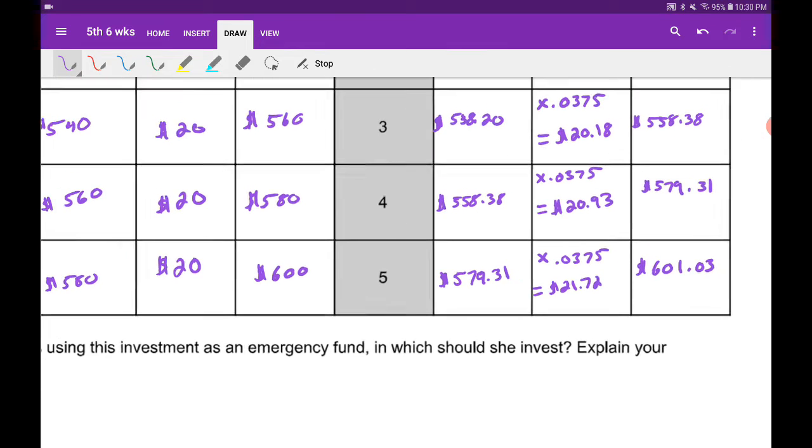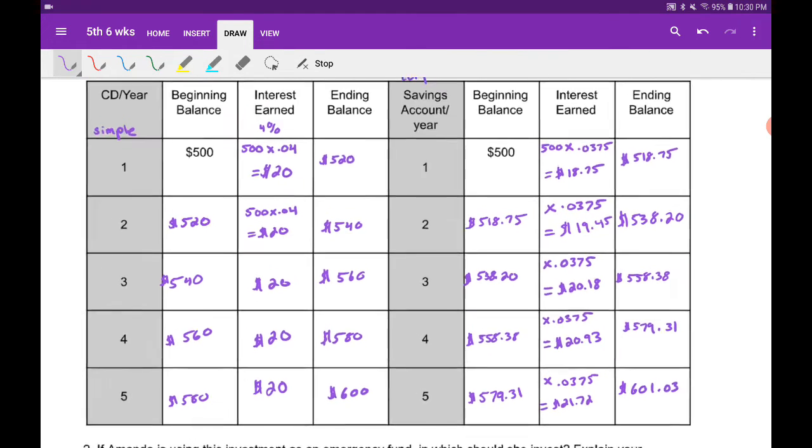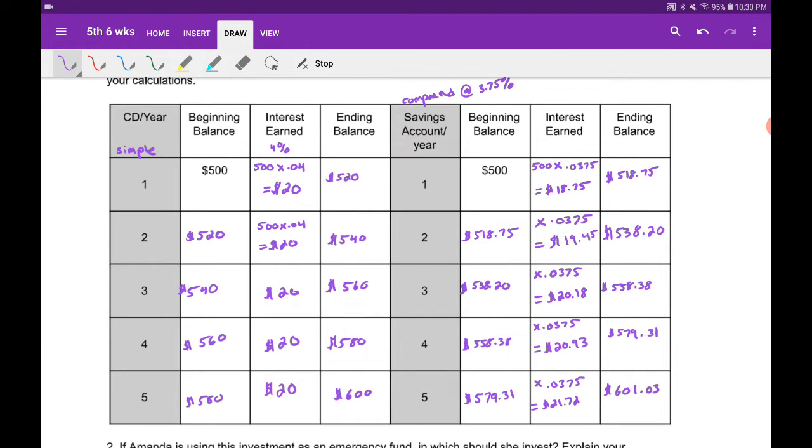So you can see after 6 years, I made more money with a lower interest rate by compound interest rather than simple interest. Okay, and truthfully, I don't know how many things out there are still computed with simple interest. Most things are compound. So you do want to think about that when you are investing. All right, so the compound interest will win out.